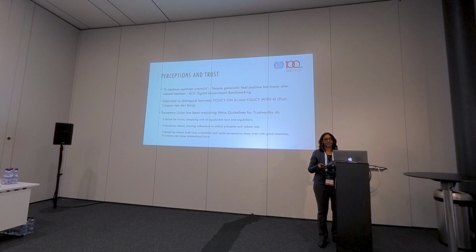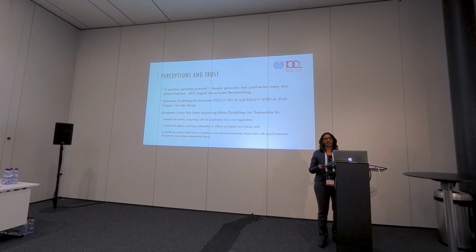Now, there are huge perceptions and trust issues related to AI. A lot of citizens are very cautious about the kind of AI tools being utilized today, and some are very hesitant. Some are very positive about AI having a very high predictive power with regard to what it can do.